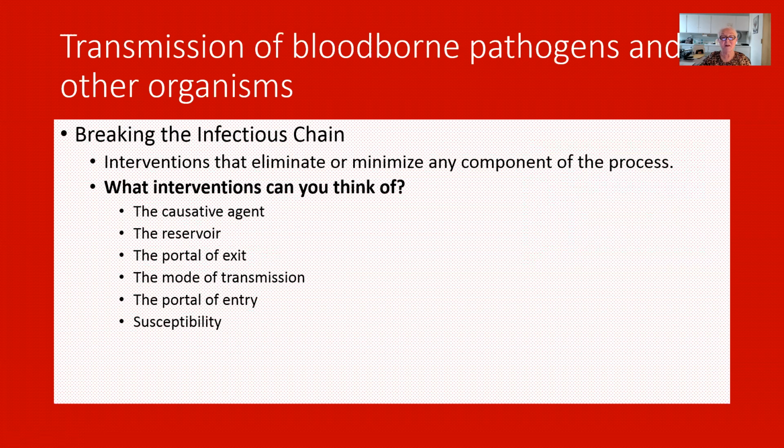The causative agent is a bacteria, a virus, fungus, or protozoa. So you need one of these in order to have an infection. The reservoir is a place where the infective agent can survive and possibly multiply.